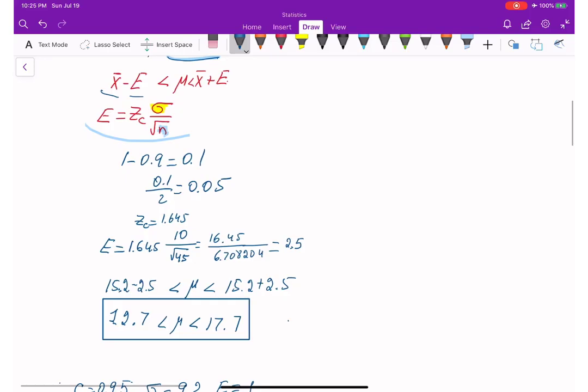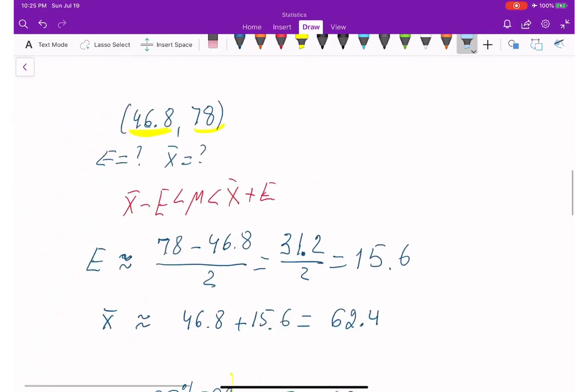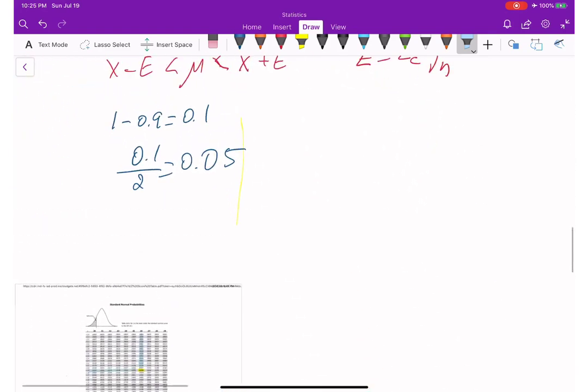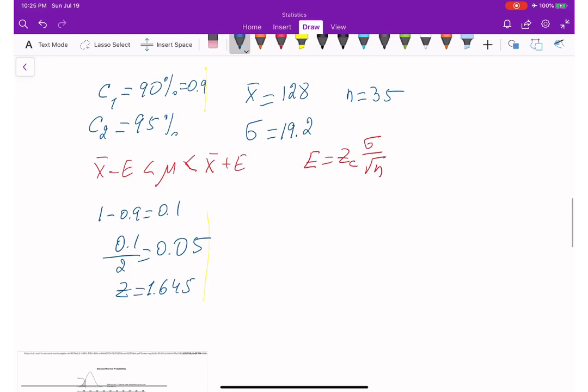Yeah, here it is, 0.05. We have it. Z-score is 1.645. Let me write down. Z-score is 1.645. You already know how to find it, right? Okay, 1.645.